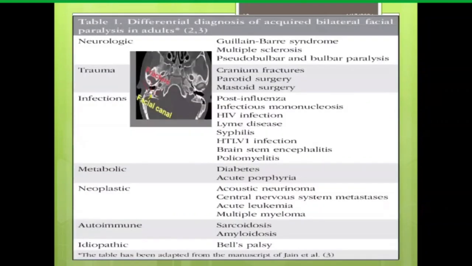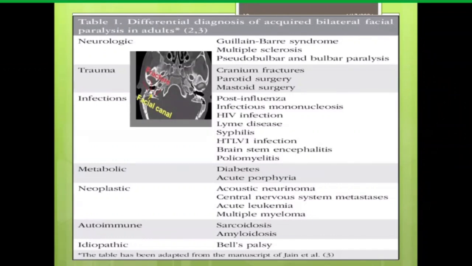So it is very evident that there are different varieties of presentations and different varieties of causes. To sum up: neurological causes, Guillain-Barré syndrome, multiple sclerosis, pseudobulbar or bulbar paralysis, and trauma, which is a very important one. Most of the time it has been overlooked.